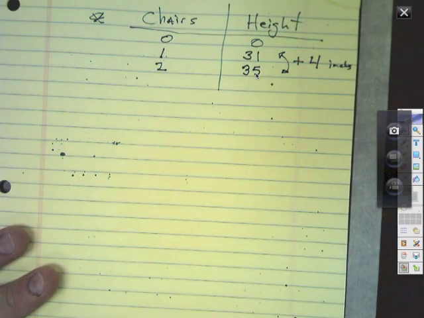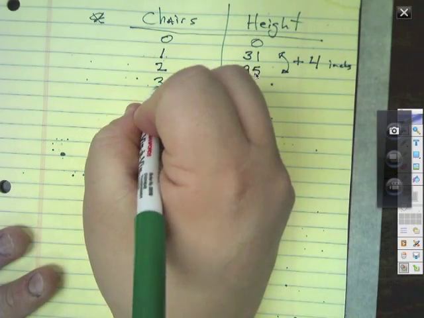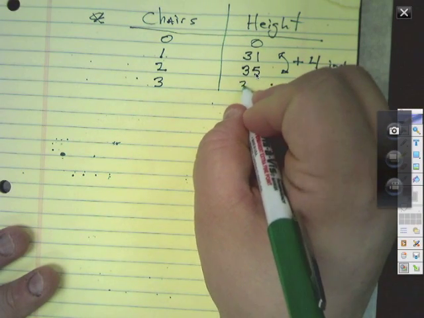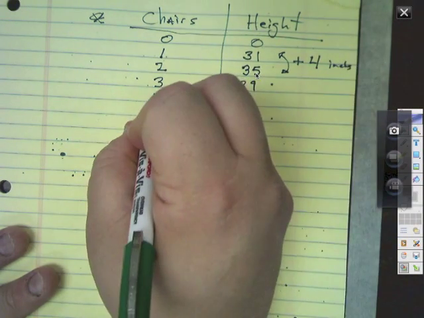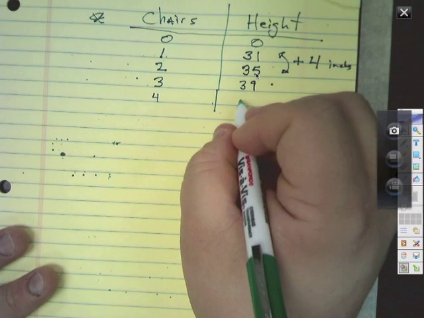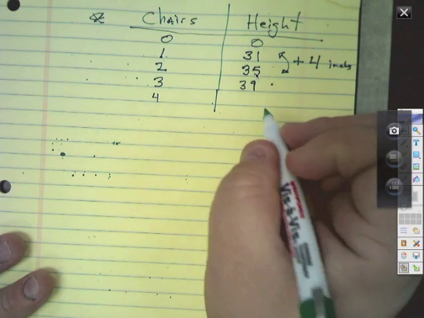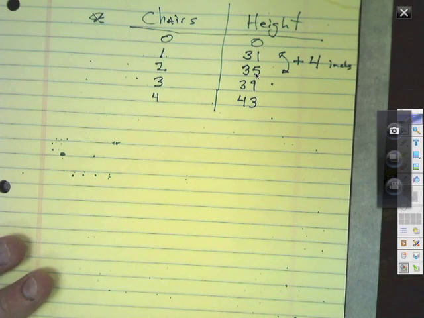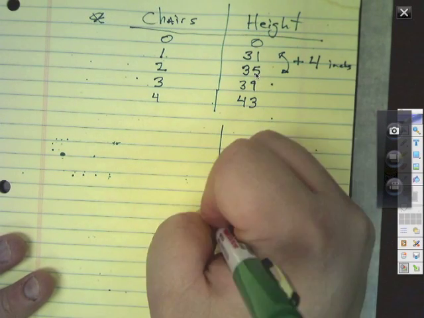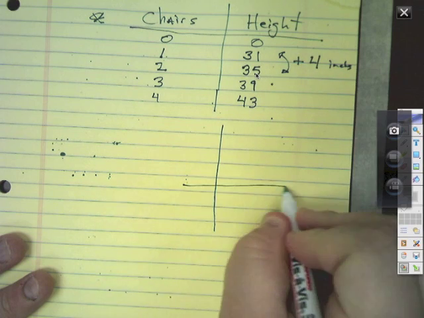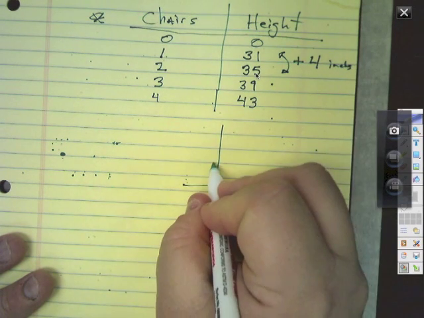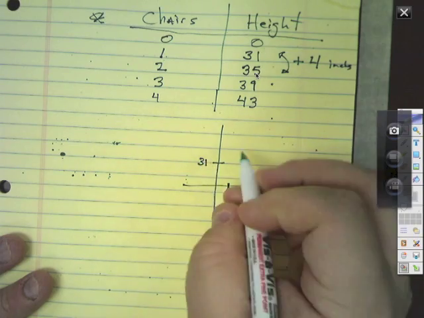So if I put a second chair on there, I'm going up 4 inches. 31 plus 4 is 35. If I go up another chair, 35 plus 4 is 39. If I go up another chair, 39 plus 4 is 43. Now, could I graph these points? Sure.